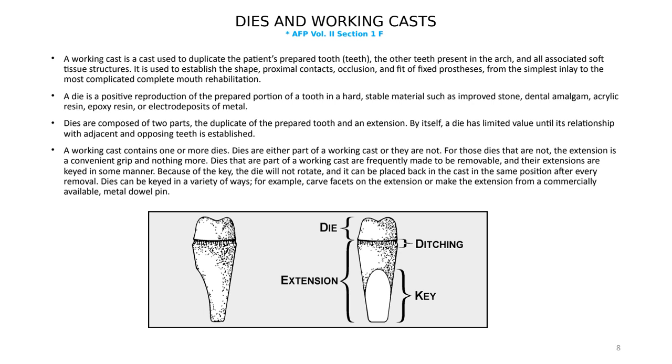And you see where it says the key, that's a feature that we can add to the die to lock the die into the model so it doesn't rotate when we work on it. Ditching is very important, and we're going to talk about ditching later on. But ditching is a procedure that we do to expose the margin. So we see the margin and we work to finish the restoration where that margin is.